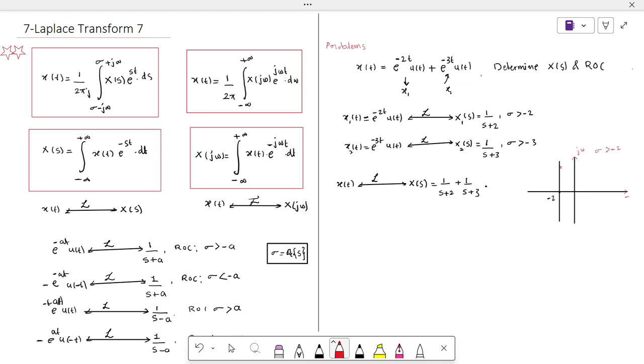So sigma greater than minus 2 is the right side. The next one, sigma greater than minus 3.